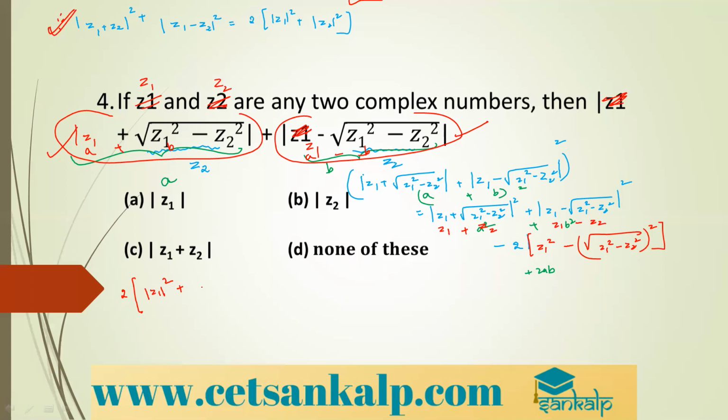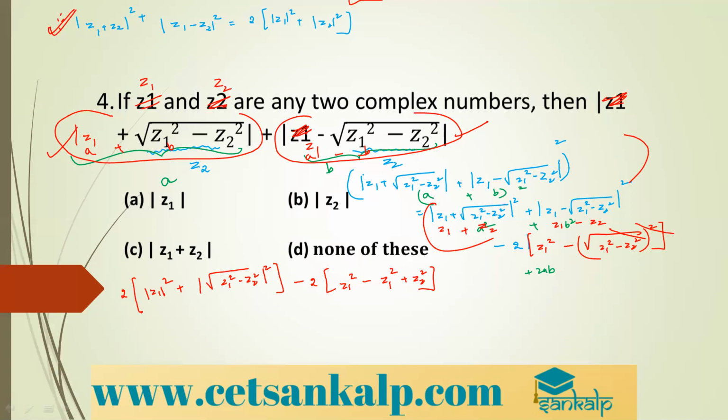What is Z2? Square root of Z1 square minus Z2 square whole square. This is what I have for these two together. For the next term, 2 times Z1 square minus square root, and square will cancel. So minus, when you take it inside, minus Z1 square plus Z2 square. This is what you have.